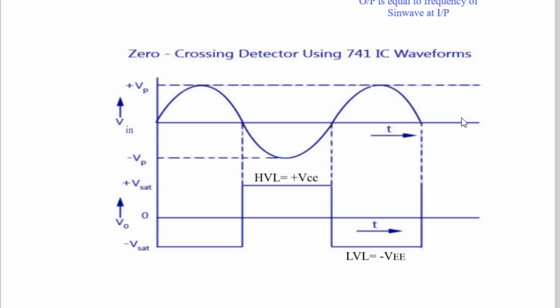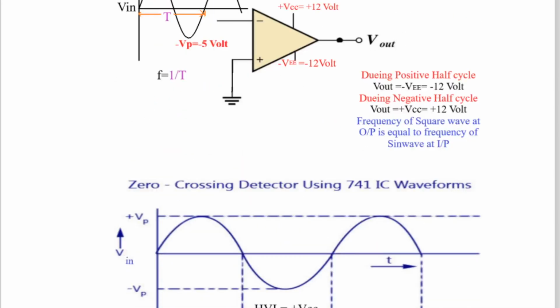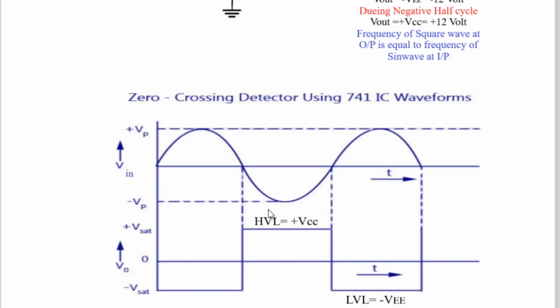But remember, during the positive half cycle, there is LVL here. During the negative half cycle, there is HVL here, because we have applied the sine wave at the negative terminal. Therefore, the frequency of the square wave at the output is exactly equal to the frequency of the sine wave at the input. So the same frequency square wave and sine wave will be there.